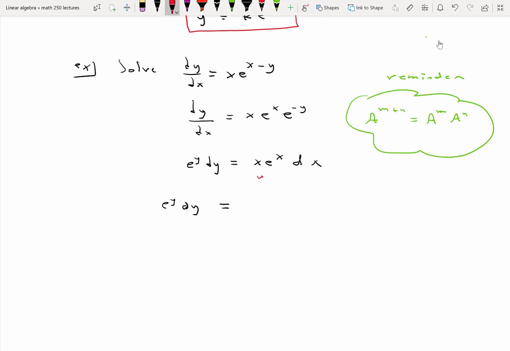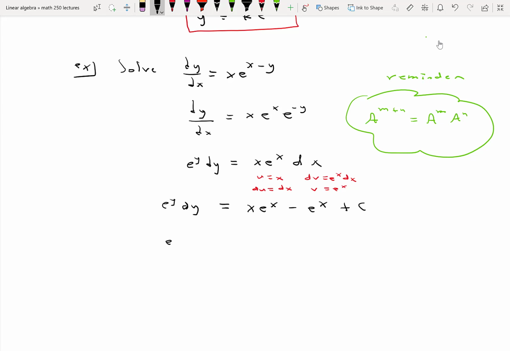You would let u equal x, dv equal e to the x dx. And you get du equals dx, you get v equals e to the x. So you get uv, x e to the x, minus the integral of v du. The integral of e to the x is just e to the x again, so plus a constant.